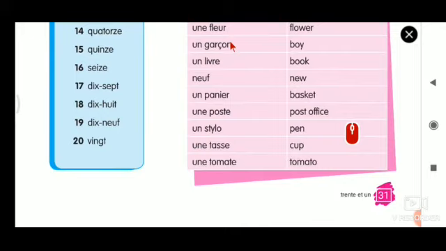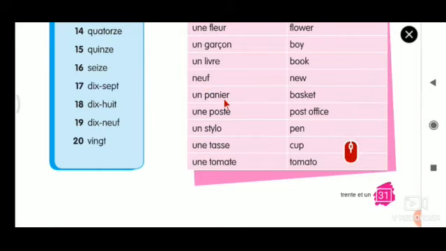Un garçon, boy. Un livre, book. Neuf, new. Another meaning is 9. Okay.